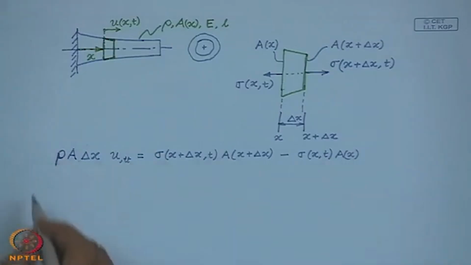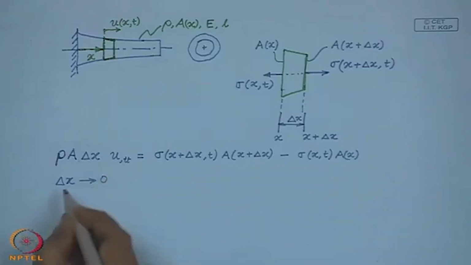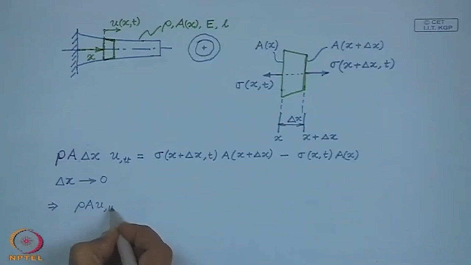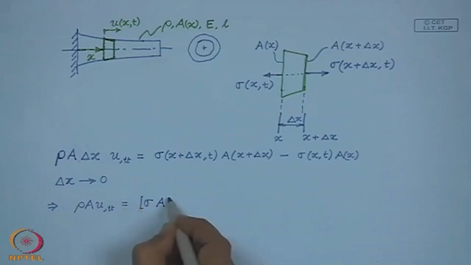Now, if I divide this whole equation by delta x and take the limit delta x tends to 0, then that would imply rho A times the acceleration is equal to the partial derivative of sigma times A. Now, we require to represent this stress in terms of the displacement, the field variable.